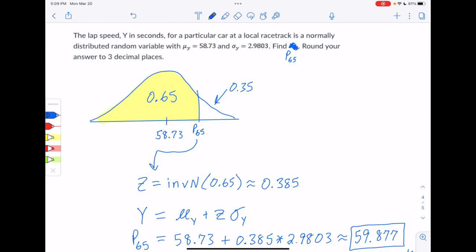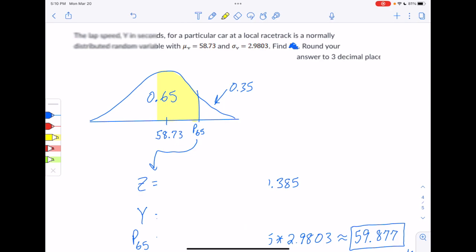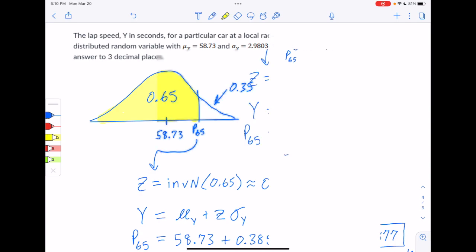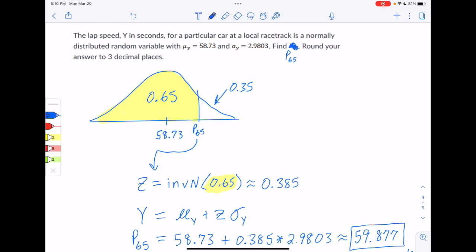And when you do inverse normal, you need to make sure this area right here matches up with the area on the left. So it's always inverse normal area to the left, not area to the right. And sometimes I think people switch that up too.